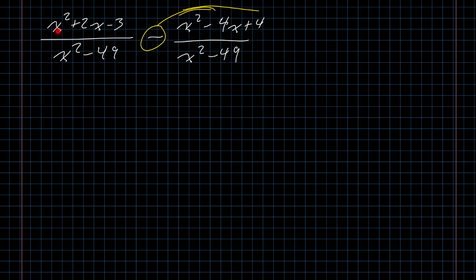So we have x squared minus x squared. Those cancel each other out. We're left with 0. We have 2x minus negative 4x. And then we have negative 3 minus 4.